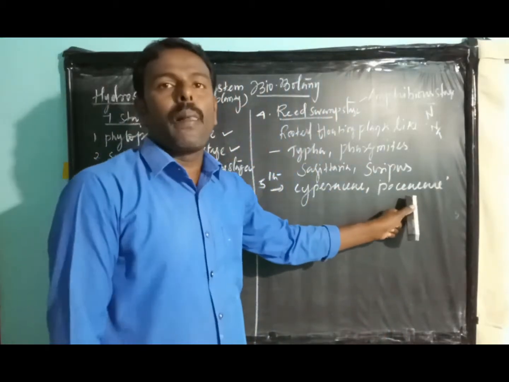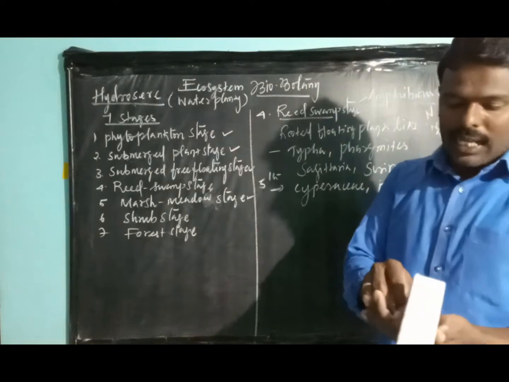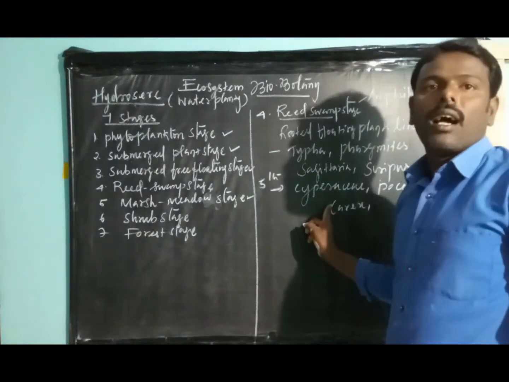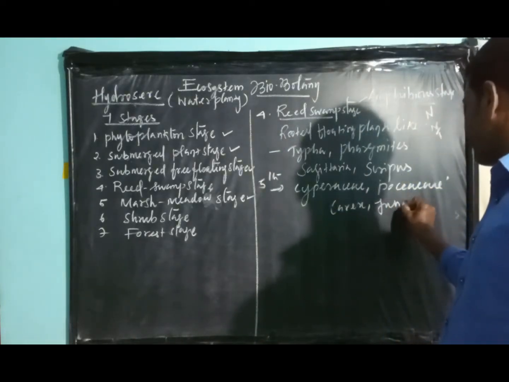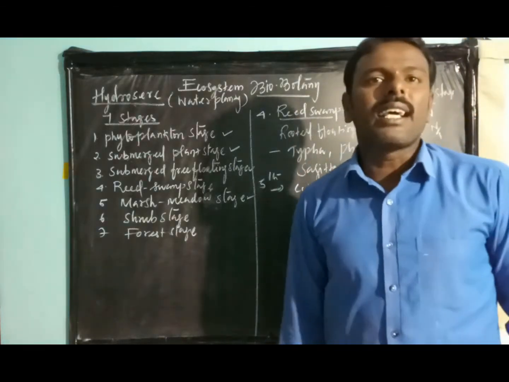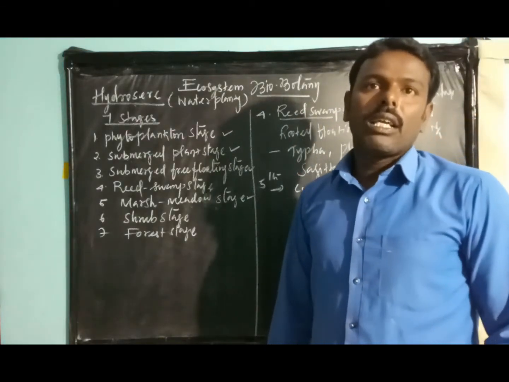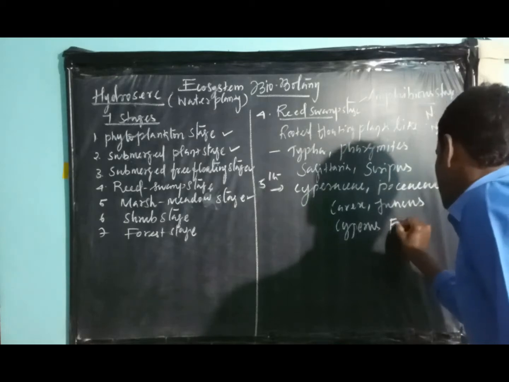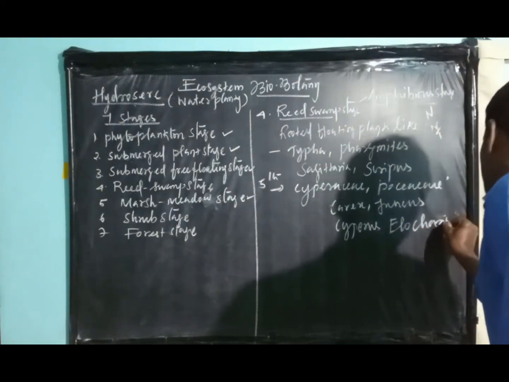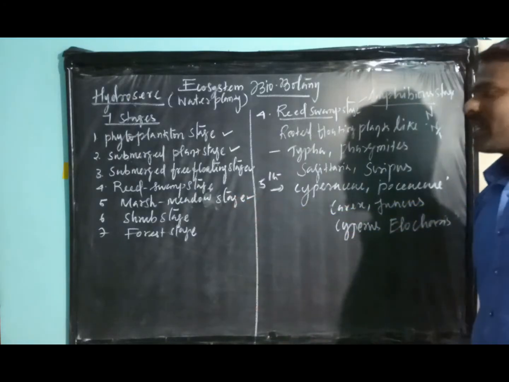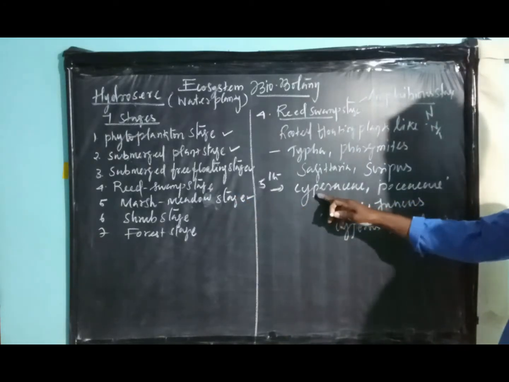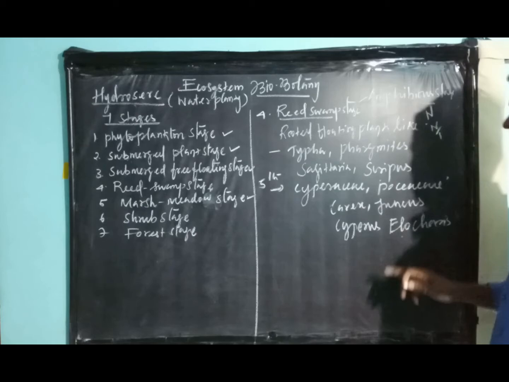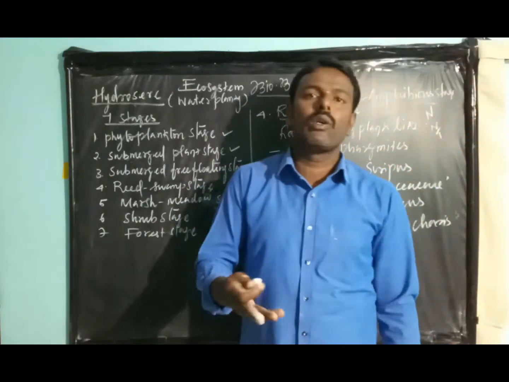For example, Carex, Juncus, Cyperus and Heleocharis. Those are examples of marshy meadow or marshy vegetation plants: Cyperaceae, Poaceae, Carex, Juncus, Cyperus and Heleocharis. Those are examples for the marshy meadow stage.